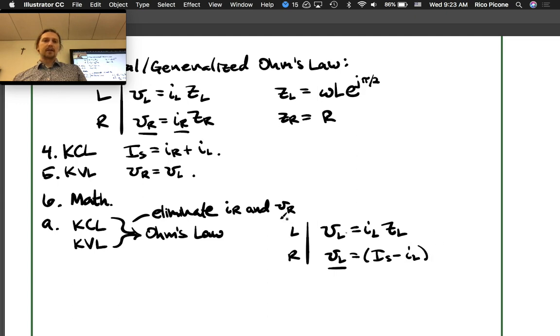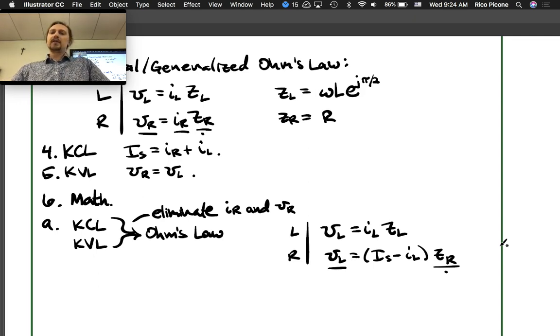And we still have a ZR, right? Great. So that came from there to there. So we now have two equations in VL and IL, right?